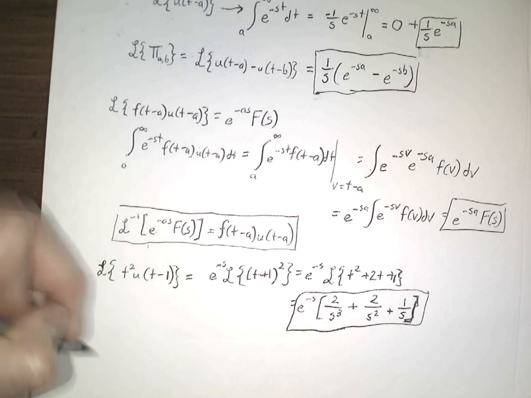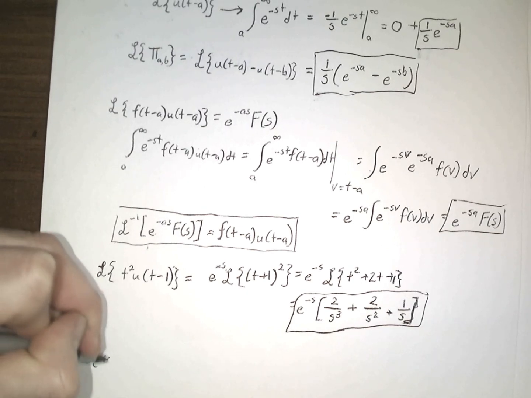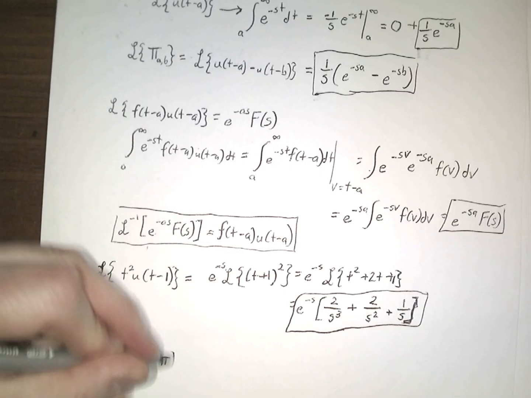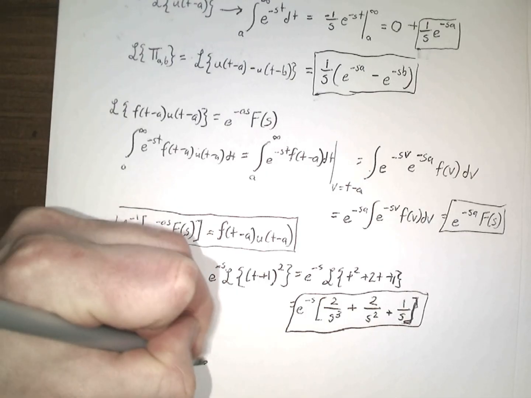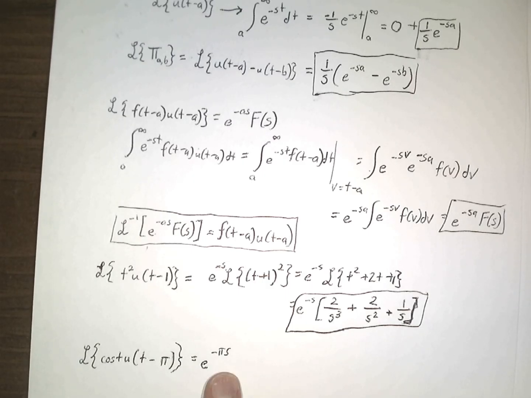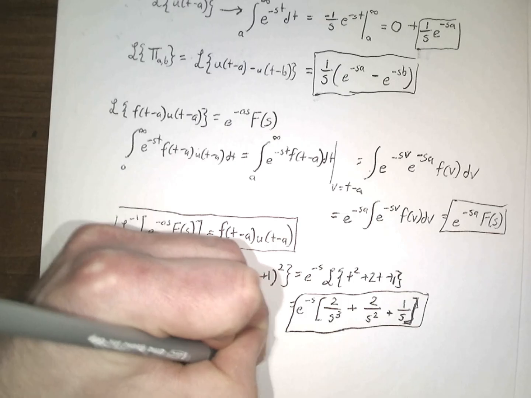Another example we might see, working with trig functions, for example. We want to look at cosine of t from u(t minus pi). Well, again, we're going to get an e to the negative pi s out front from the step function, and then we're going to evaluate the Laplace transform of cosine.